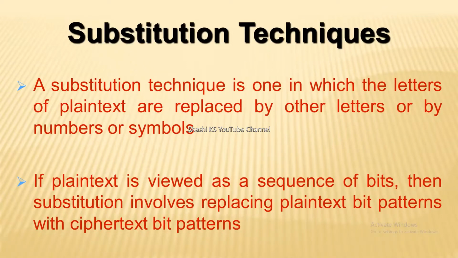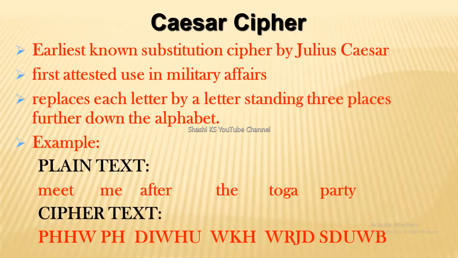We are going to learn about the different types of substitution techniques in this video. In substitution techniques, if plain text is viewed as a sequence of bits, then the ciphertext also would involve bit patterns. There are different types of substitution techniques. Primarily, we are going to learn about Caesar cipher, monoalphabetic cipher, and Playfair cipher in this video.